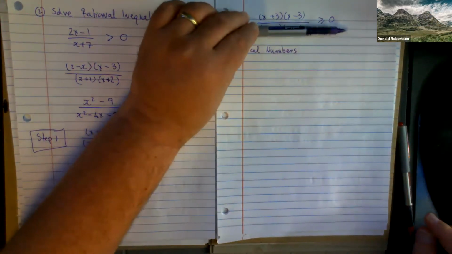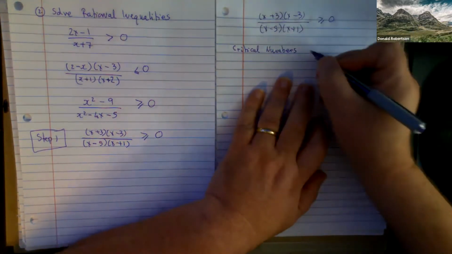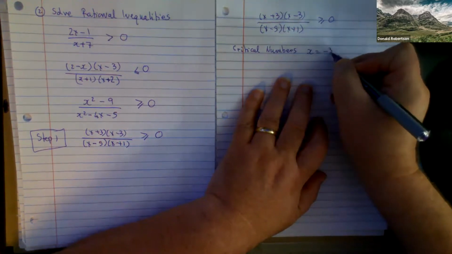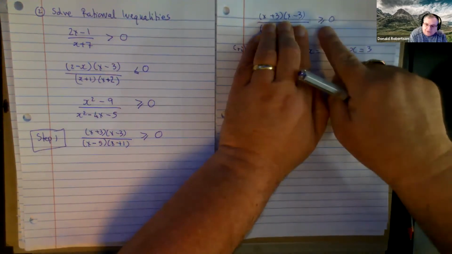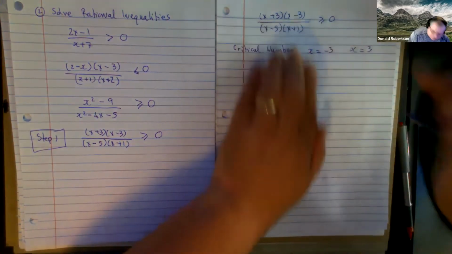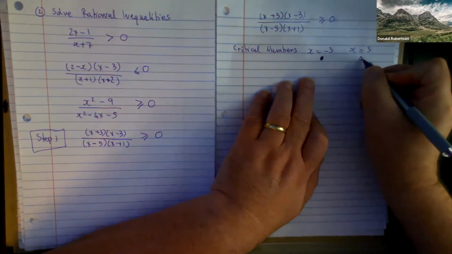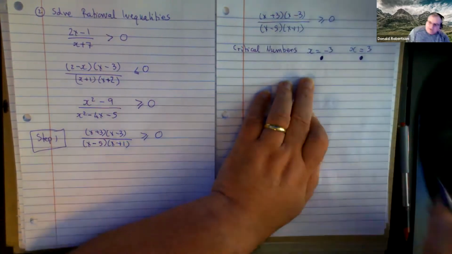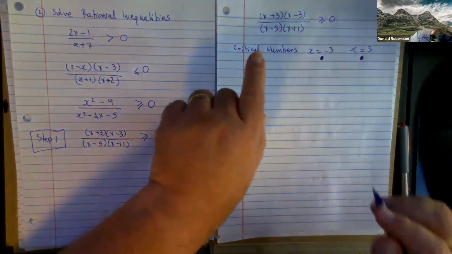If it was only those two guys on the top, x plus 3, x minus 3, you would have two critical numbers, and they would be x equals negative 3 and x equals 3. And since the answer is greater than or equal to 0, wouldn't we use solid dots for both of those guys to indicate you can use negative 3 and 3? And that's true.